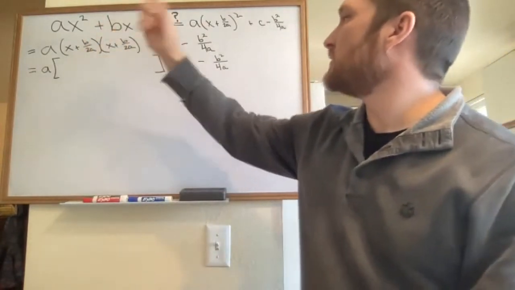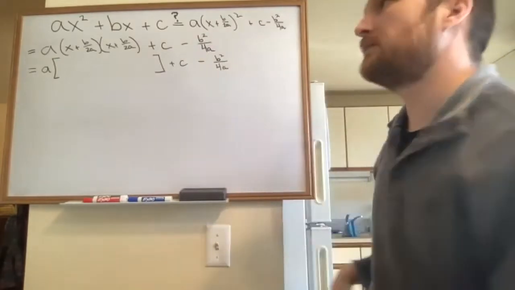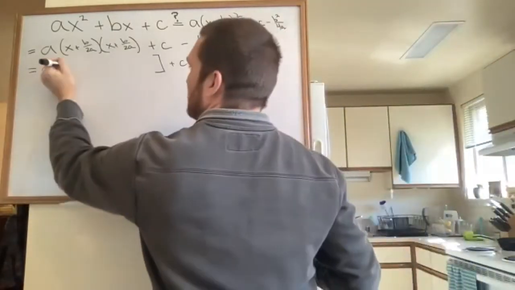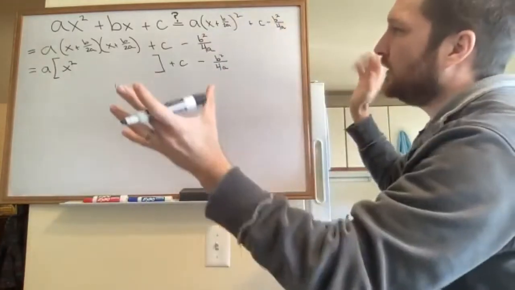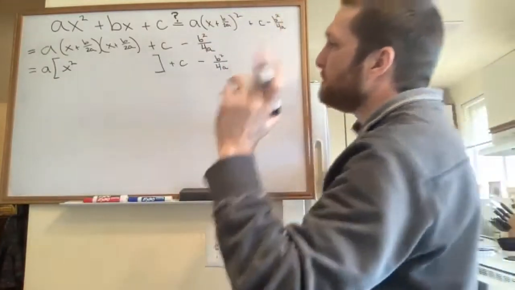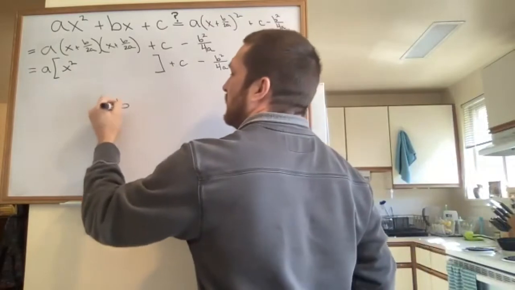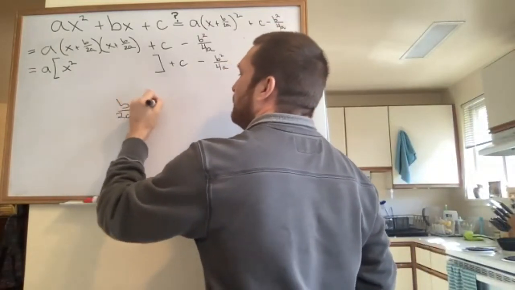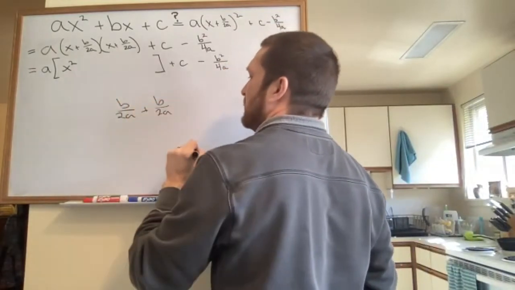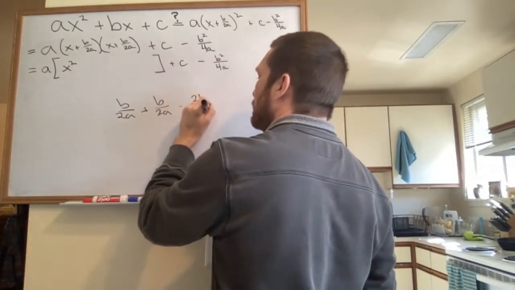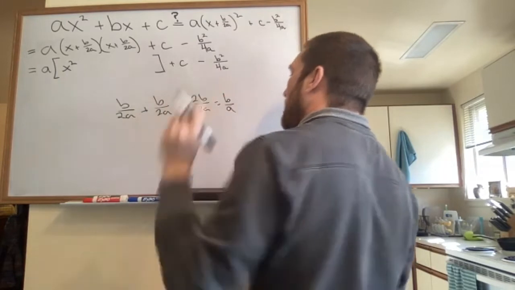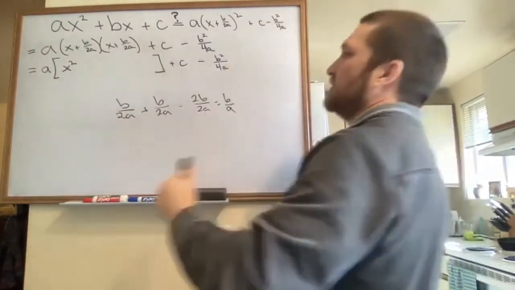First, outer, inner, last. First gives me an x squared. Outer gives me b over 2a x, plus inner gives me b over 2a x, for a total of 2b over 2a x, or how about just b over a x?